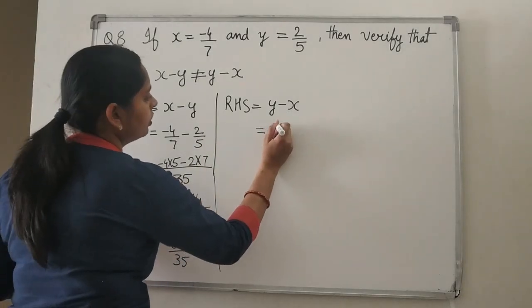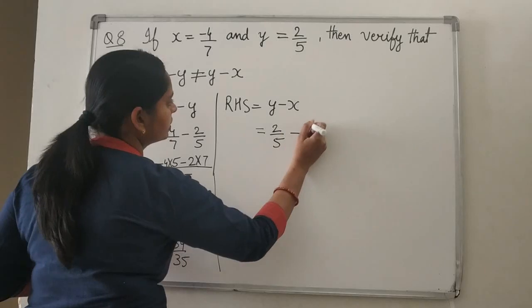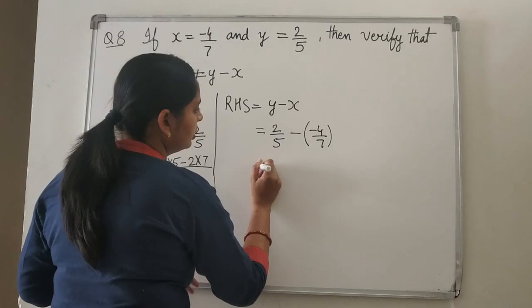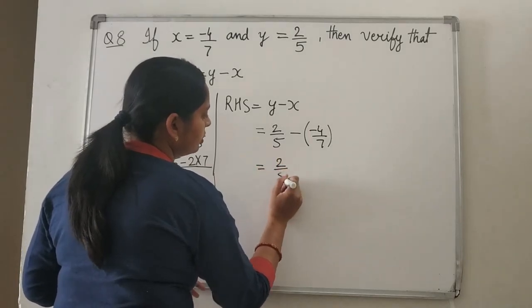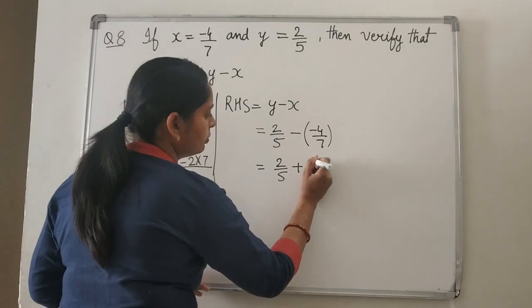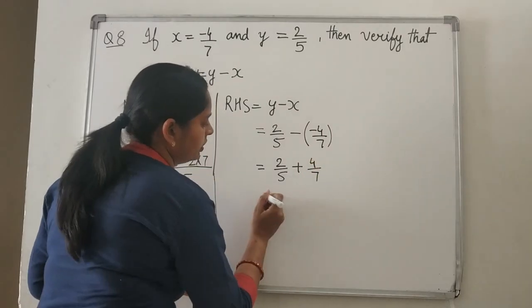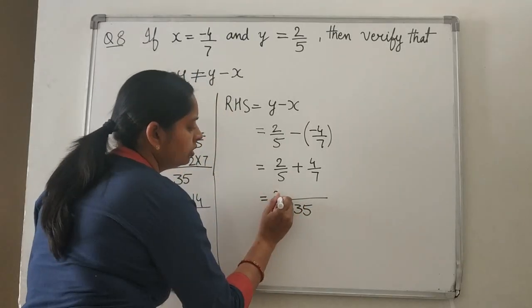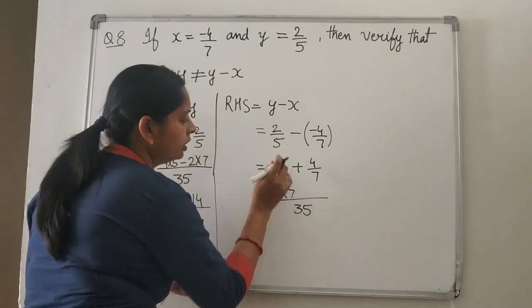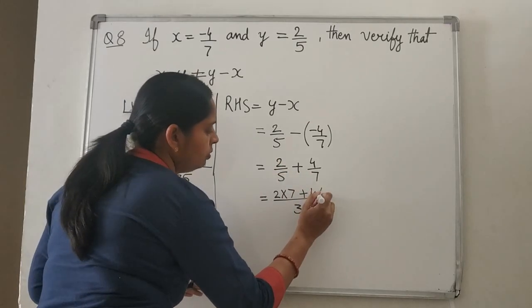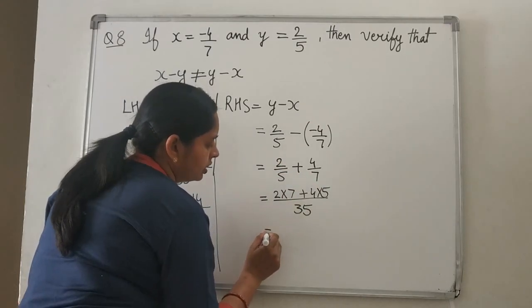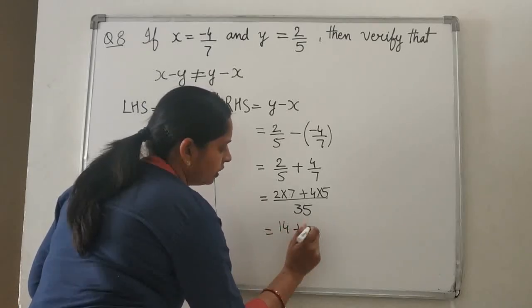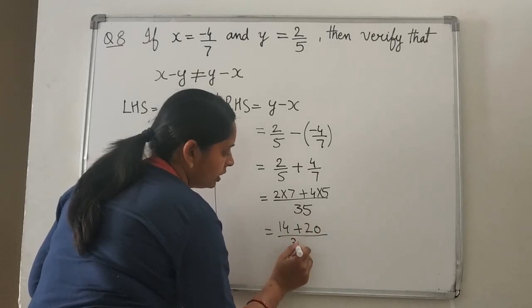What is y? 2 upon 5 minus x, which is minus 4 upon 7, so 2 upon 5 minus minus will go for plus 4 by 7. LCM is again 35. In the numerator 2 into 7 and 4 into 5. You will get 2 7s are 14 plus 4 5s are 20 upon 35.